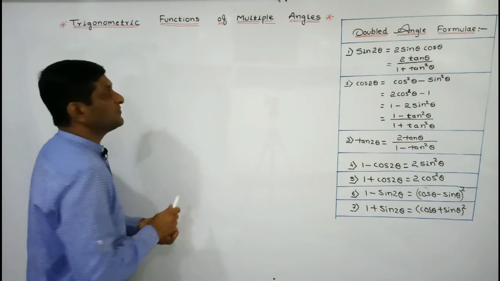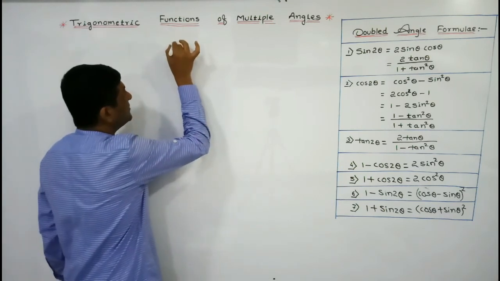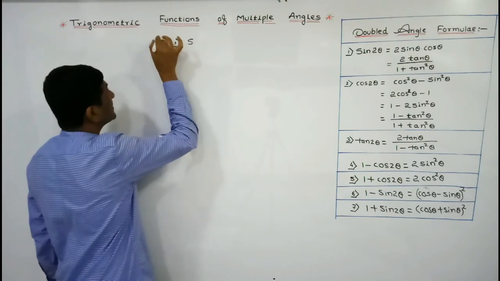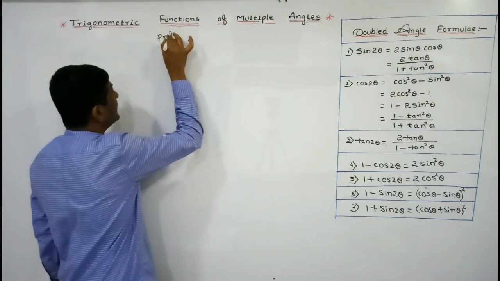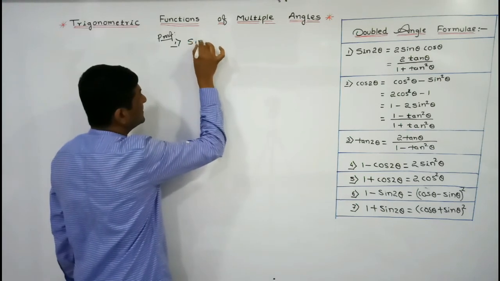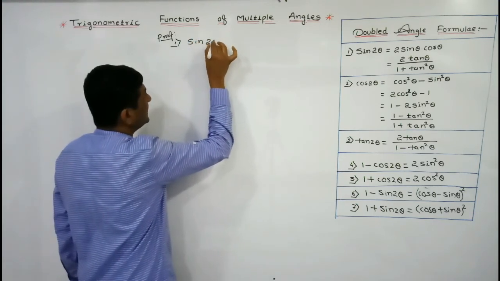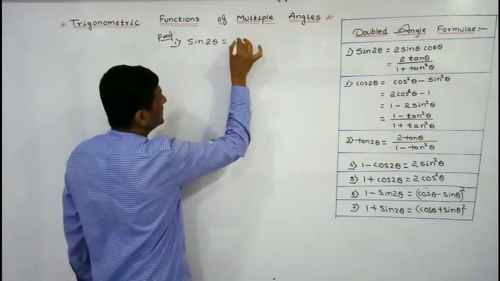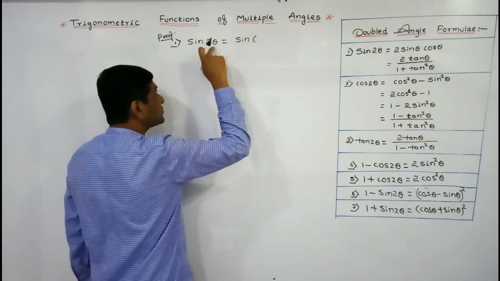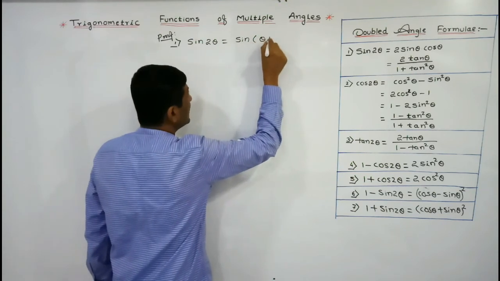So let us prove the first formula, means value of sine 2 theta. What we have to prove here? We have to prove that sine 2 theta is equal to 2 sine theta into cos theta. So we are considering here left hand side sine 2 theta, which is equal to, keep this sine as it is. Can I write this 2 theta as theta plus theta?